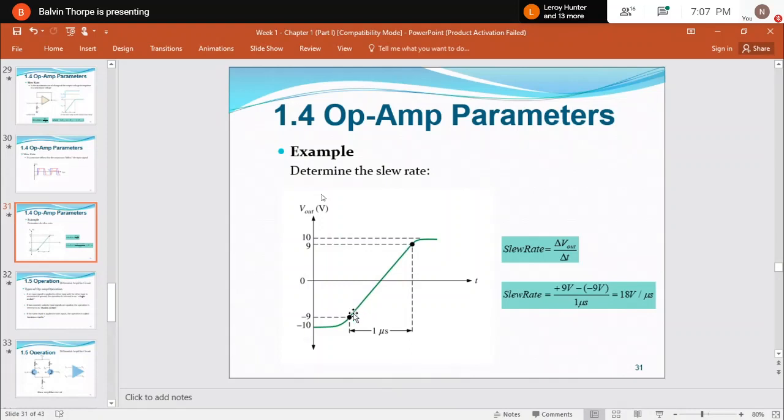In this case, it moved from -9 to +9, and this is V out, of course. How long did it take? It took 1 microsecond. Therefore, the slew rate is the difference between -9 and 9, so that will be 9 plus 9, which is 18, over 1 microsecond. And therefore, the slew rate is 18 volts per microsecond.